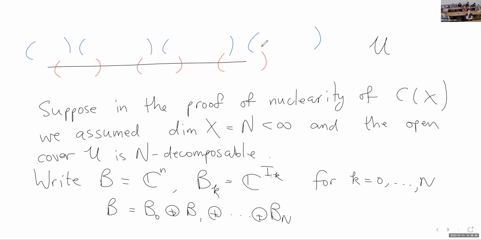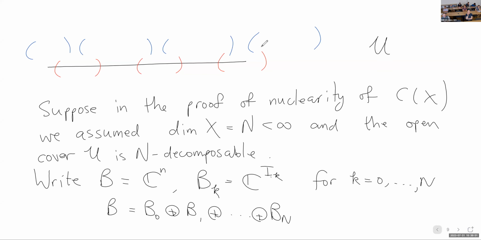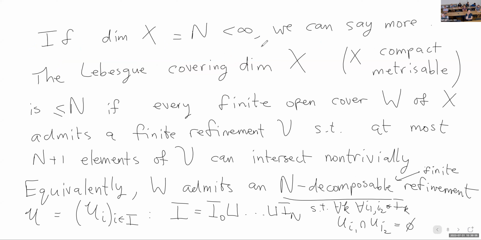As I said, I'm going to keep the same map phi and the same map psi. Wait, so tell me again, please, what was I_k? In the definition of decomposability, I can decompose the index set into these n colors.